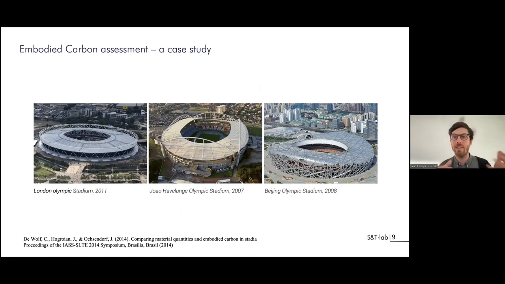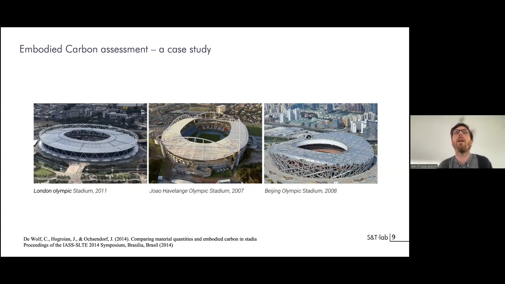That was an important topic at the moment, we were in the year of the World Cup. So she made a paper with Jonas Sundorf and Ogroyan G from MIT about the material quantities and the embodied carbon in stadia.